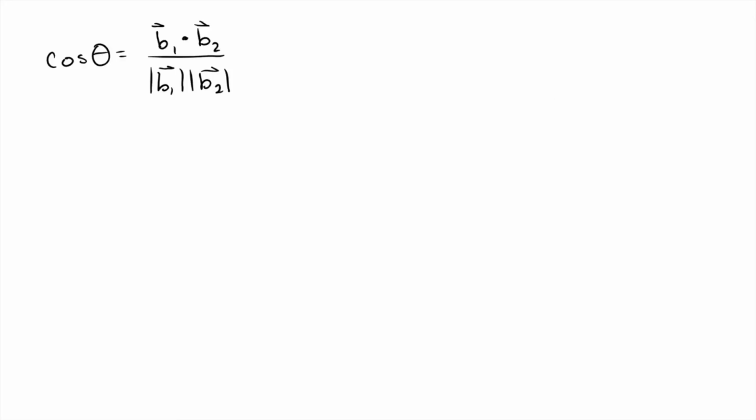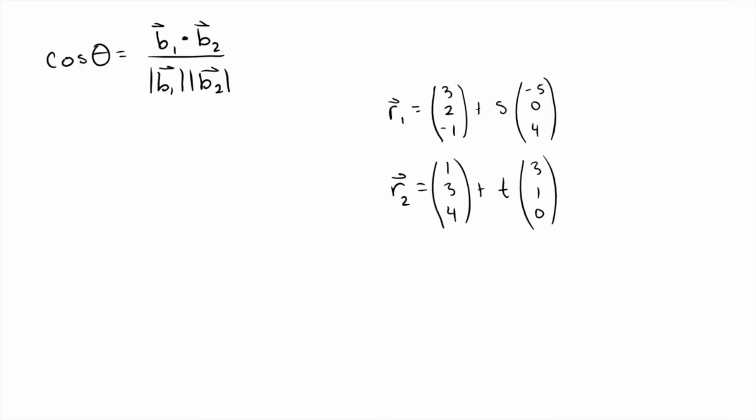The first line has the equation given here, r1 is equal to (3, 2, -1) plus s times (-5, 0, 4). And line number 2 has the equation given here, r2 is equal to (1, 3, 4) plus t times the vector (3, 1, 0). So again, we're going to focus exclusively on our direction vectors, which means we're looking at (-5, 0, 4) and (3, 1, 0).